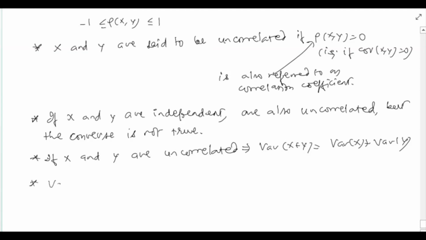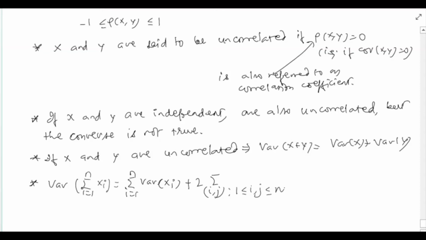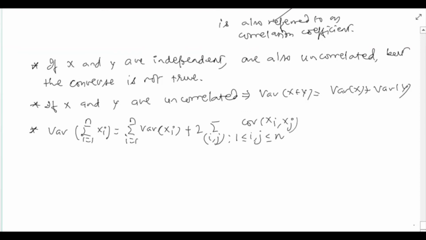It says that variance of sum of random variables xi, i equals 1 to n, is sum of their variances plus twice of sum of pairwise covariances, as in this expression. Sum over i comma j, where i and j are different, they are numbers between 1 and n, and here we sum covariance of xi comma xj. So this is the expression of variance of sum of random variables.